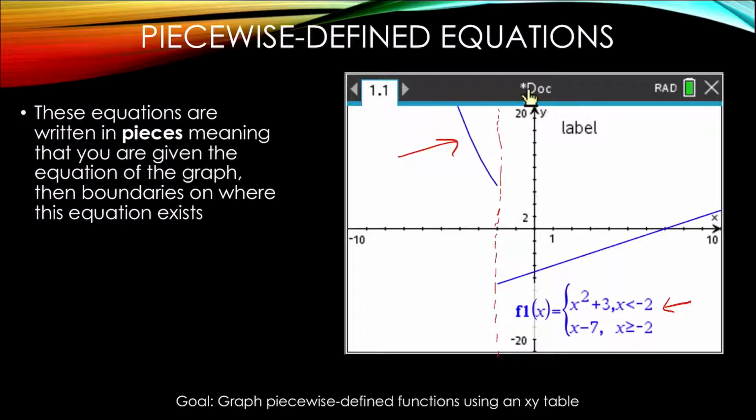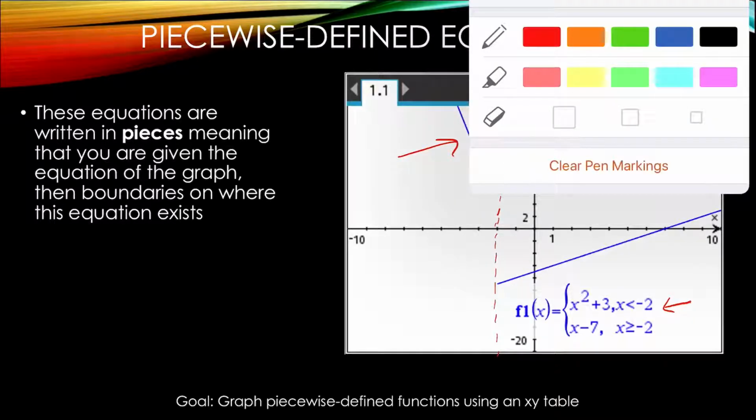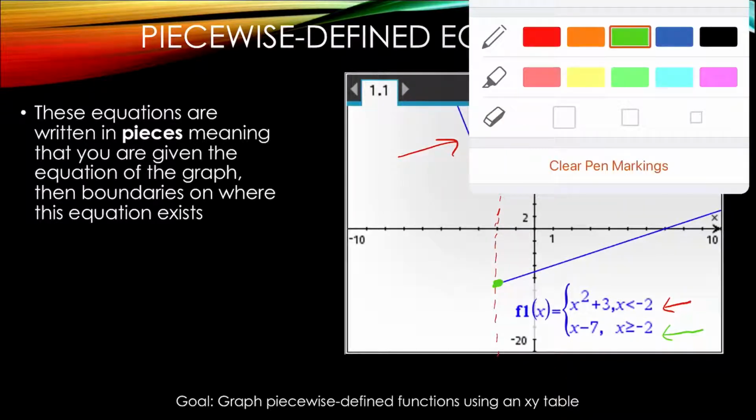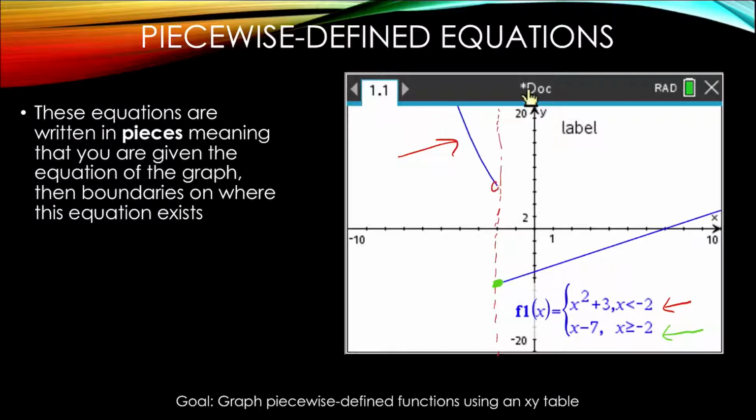Then I get, let's change colors here, x minus 7 for when x is greater than or equal to negative 2. One thing that's missing here is that should be a filled in circle. This is taken off our TI Inspire software. And up here on this x squared plus 3 is an open circle.